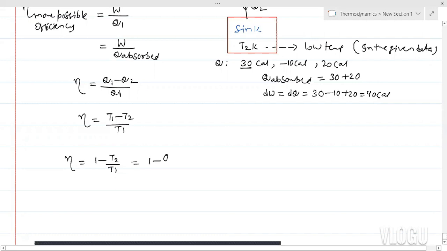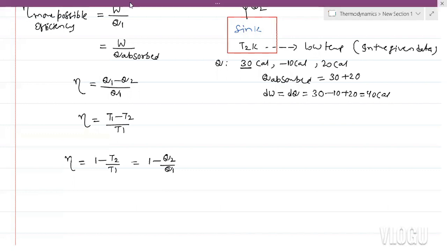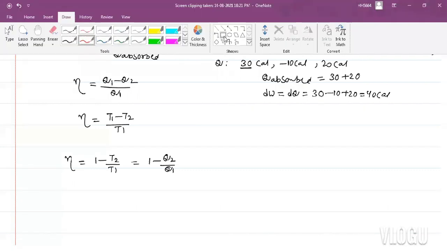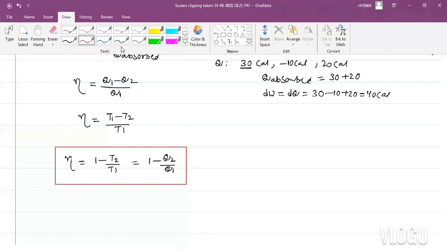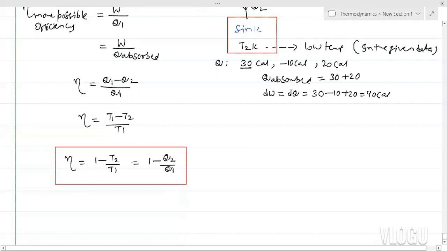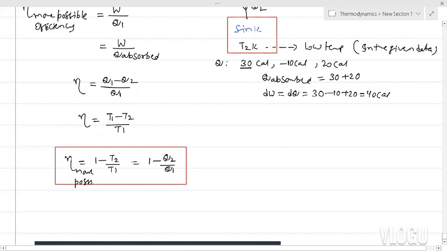So always remember this is the maximum possible efficiency.